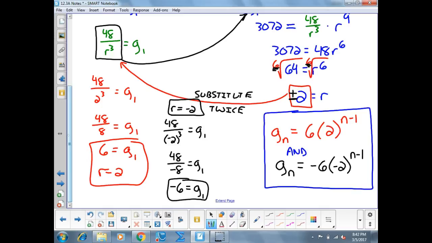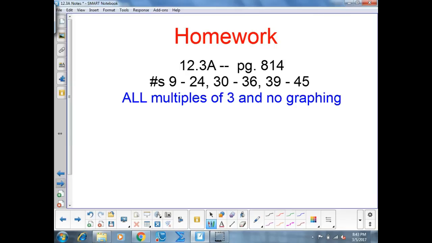All because right here we took an even root. If you're taking an even root to find r, this double aspect, this 2 rule aspect comes into play. Okay? Don't worry, I'll explain more about that on Tuesday when I return.